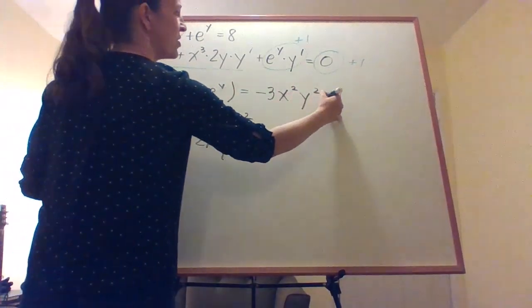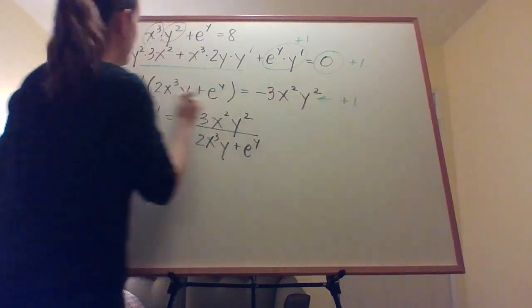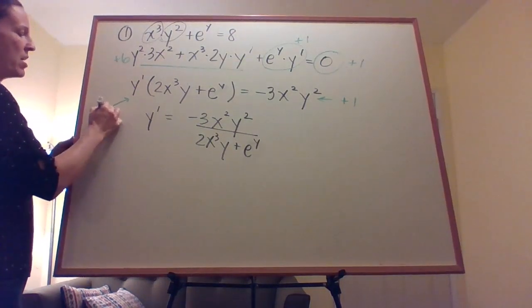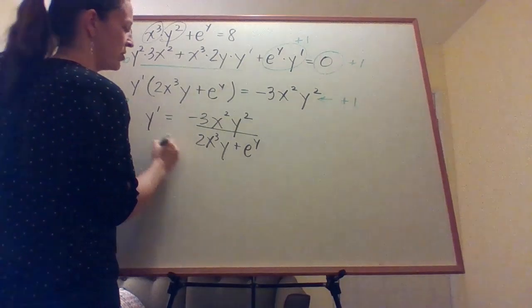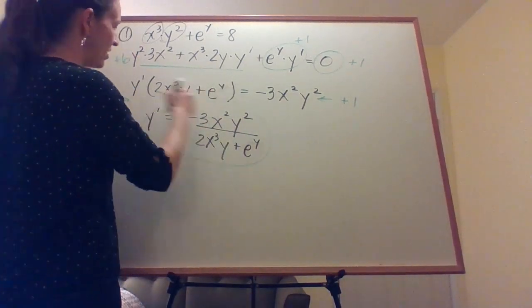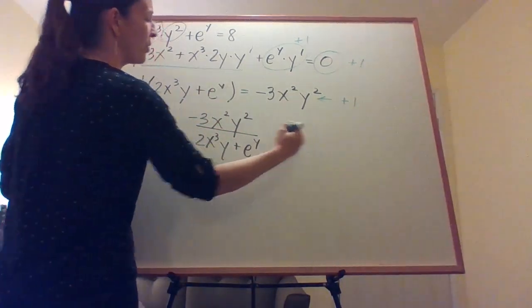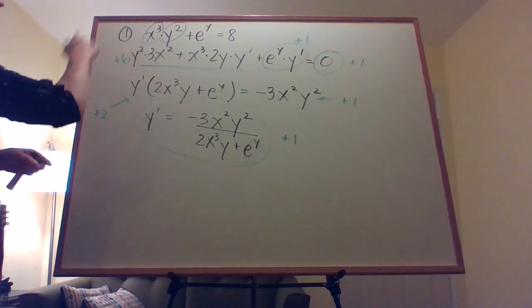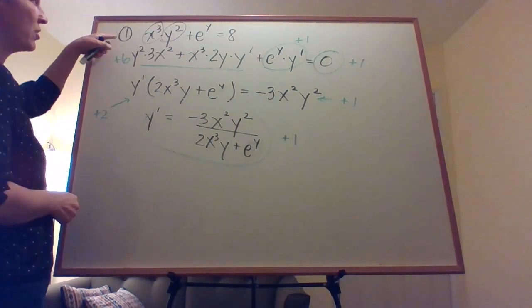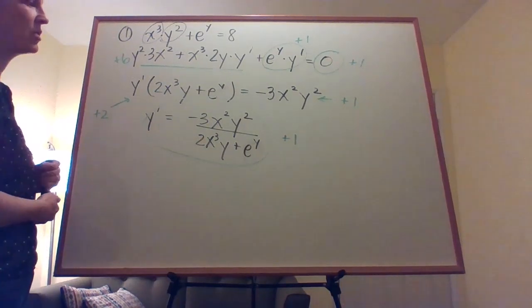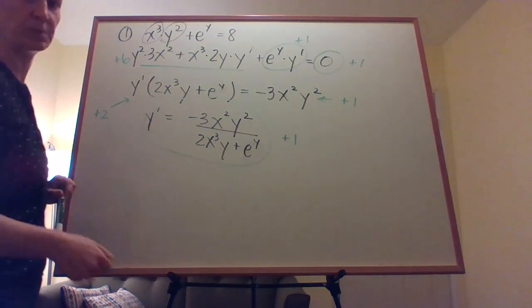Moving this to the other side was worth 1 point. Factoring out the y prime was worth 2 points. And your final answer, overall, cleaning it all up, dividing both sides, was worth 1. Okay, so overall we have a total here of 12 points. You can assign yourself a score for number 1 out of 12.